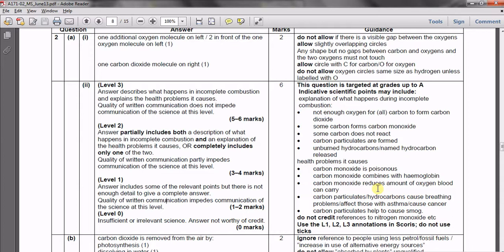So just saying that carbon monoxide is poisonous wouldn't be enough detail. You have to say why it's poisonous, how it causes oxygen not to be able to be carried around in the blood, and also saying particles are harmful, you need to say what effect they're going to have. Okay. So once again, if you need to, pause the video here and have a look over these bullet points.